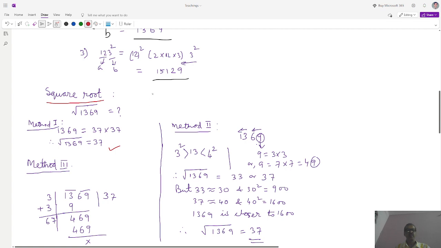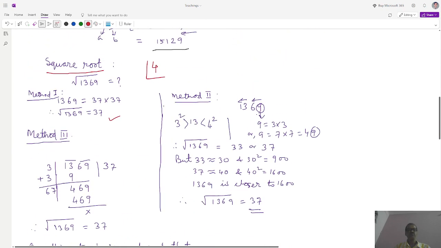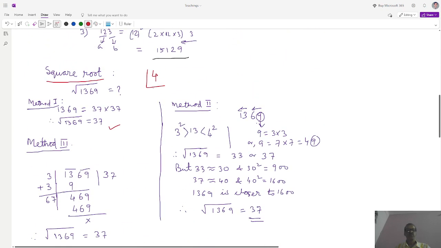Take an easy example. We have to find the square root of 4. Then we factorize 4 into its prime numbers.